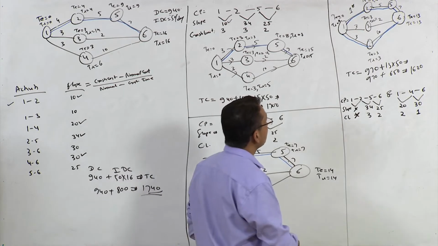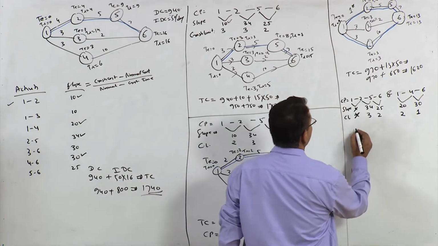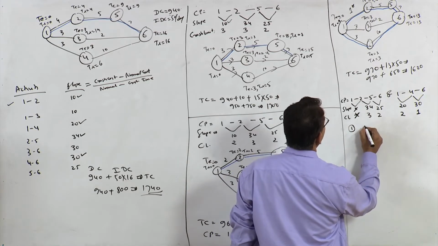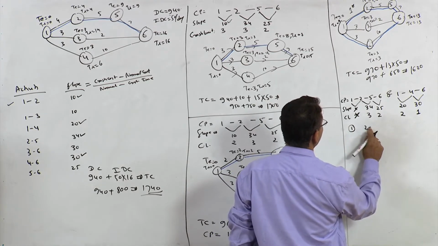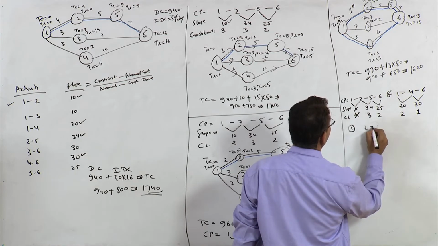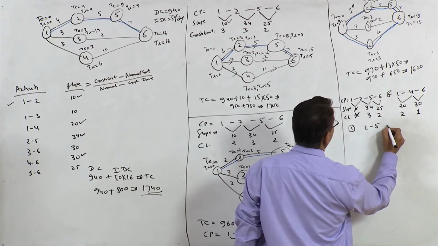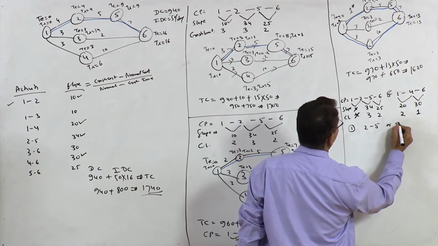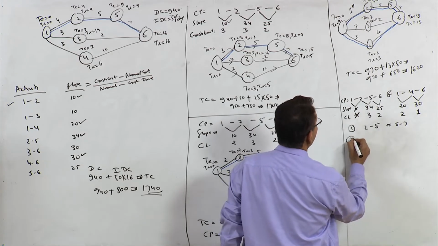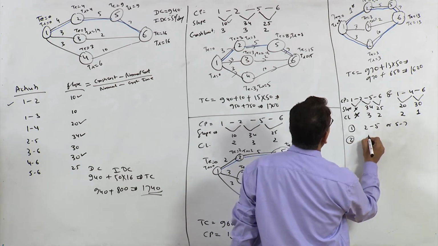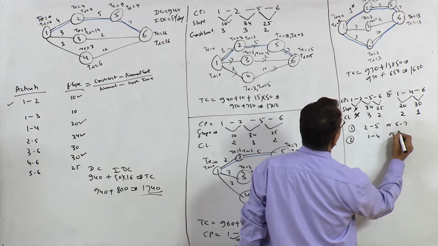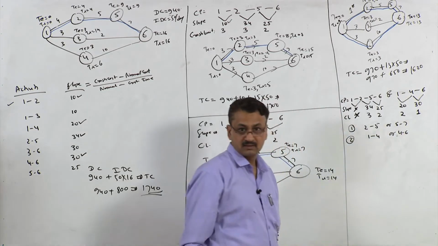So the first option is, you either reduce activity 2.5 or 5.6, any one of these two, and 1.4 or 4.6, right?